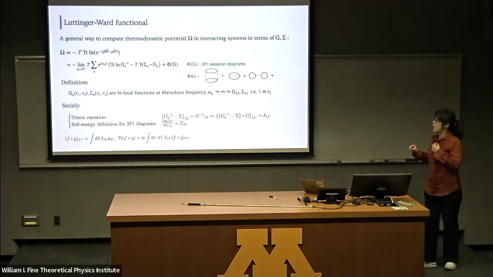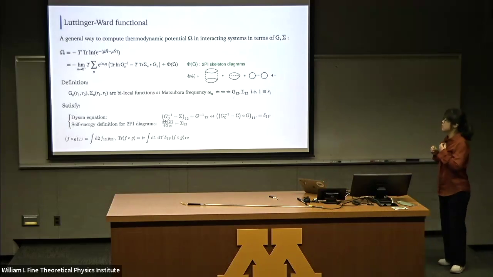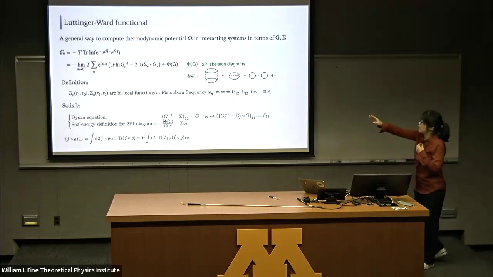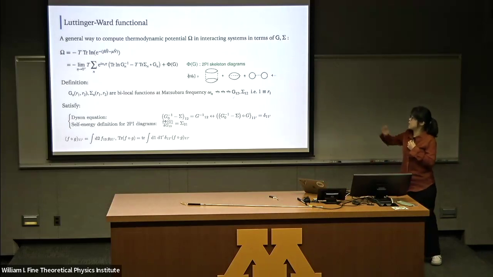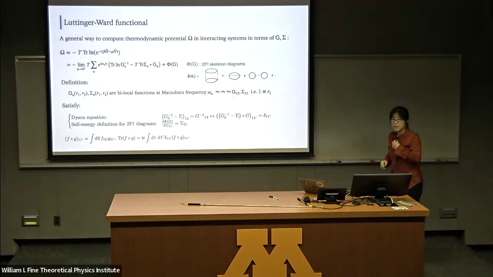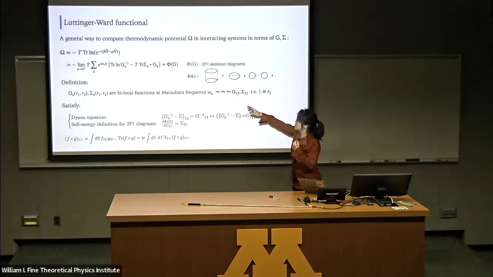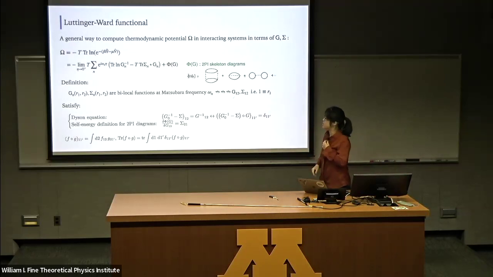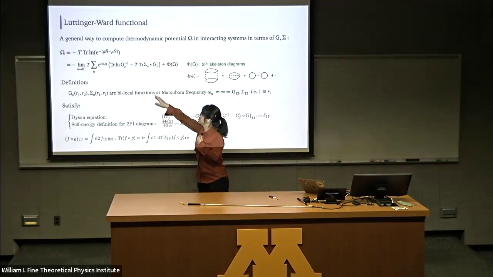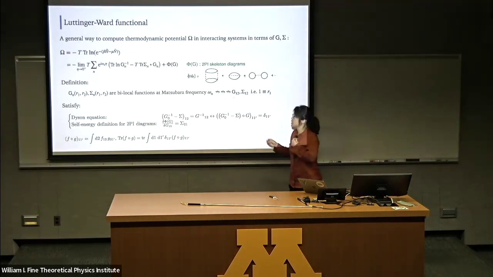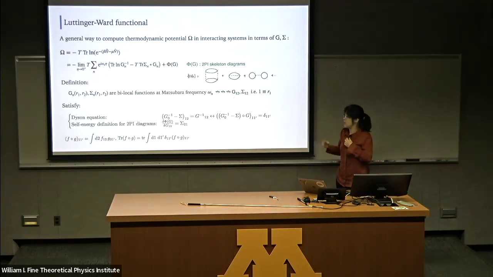I want to have a theory as general as possible, so we can write down the thermodynamic potential in terms of the Luttinger-Ward functional, which is written in terms of the Green's function and the self-energy. For the students, let me give you a very quick review of what the Luttinger-Ward functional is. Basically, we can write down the thermodynamic potential in three parts, as shown here. The first part, the trace log part, is present when there are no interactions.